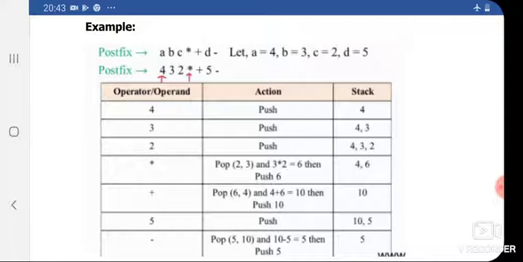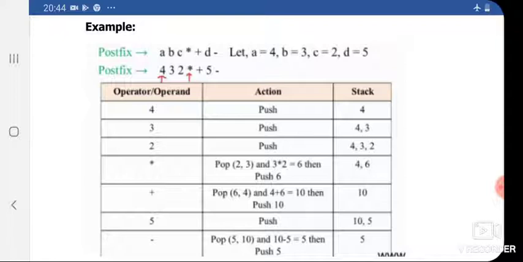Let us say S1, S2, that is, I pop 6, which is S1, I pop 4, which is S2, and I perform S2 operator S1 operation, that is, I perform 4 plus 6 equal to 10, and again I push 10 to the stack. Next one is 5, it is an operand. Again I push 5 to the stack. Next one is minus.